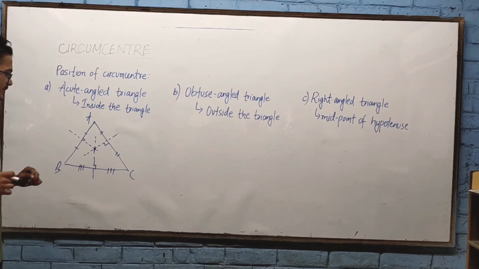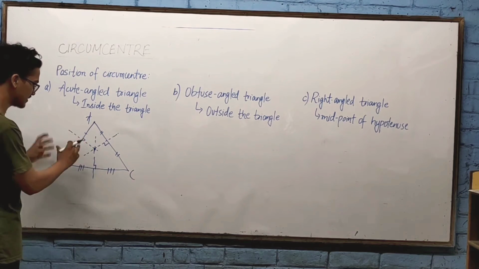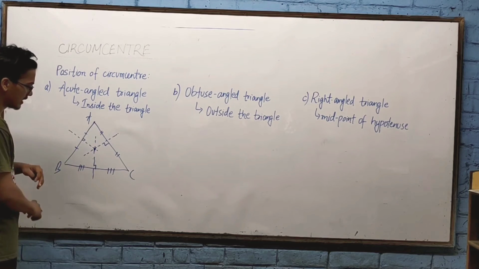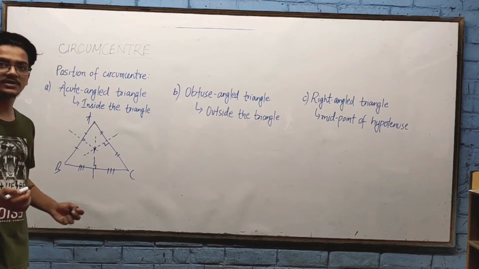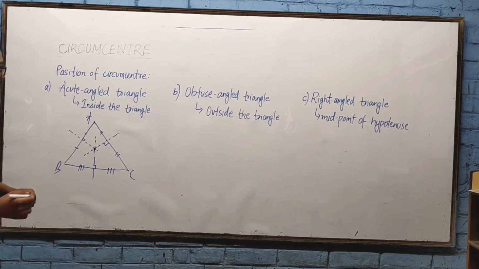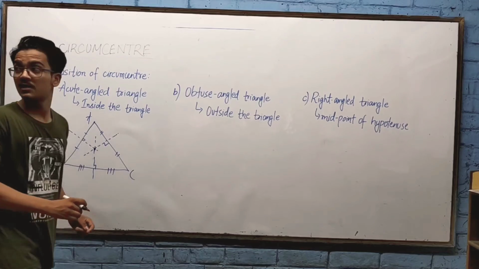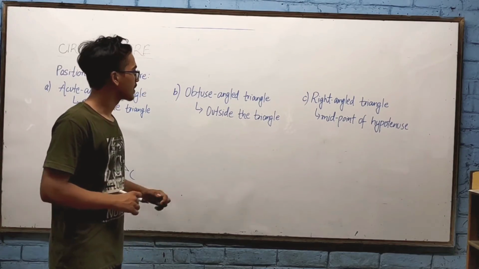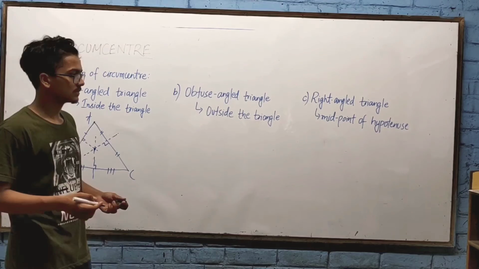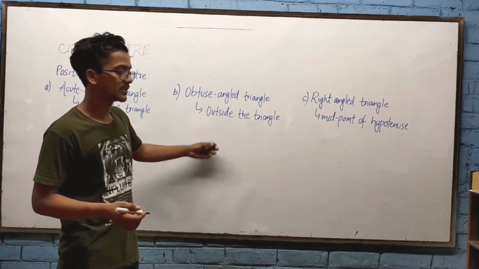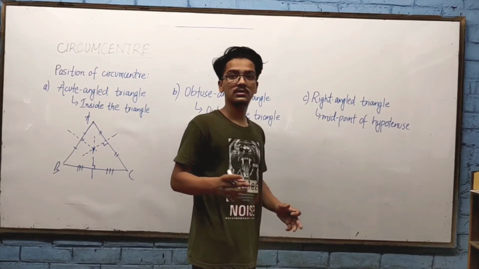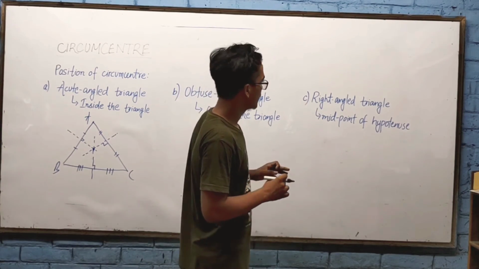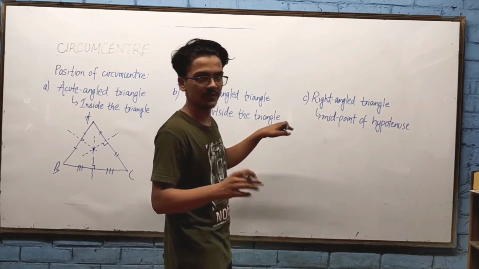It's quite certain from the figure that the three perpendicular bisectors will meet somewhere inside this triangle, and that is what we call the circumcenter. For an obtuse angle triangle, it will lie outside the triangle. I will give a detailed proof for the same later. And in a right angle triangle, it lies on the midpoint of the hypotenuse. Both these proofs I will cover later.